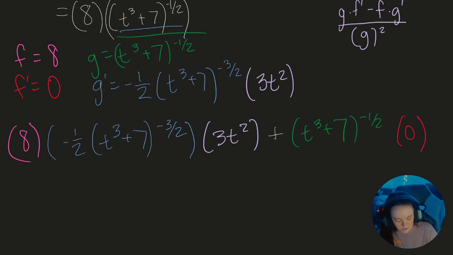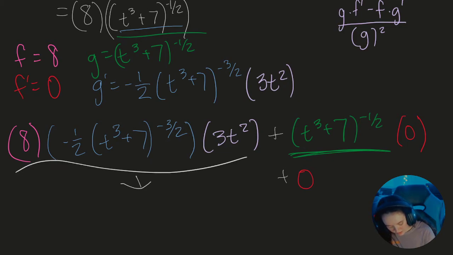Now in this case, we know that no matter what this is, when we multiply it by 0, it should just come down and make it a 0. So we would take all of this and bring it down, and then this would go away.